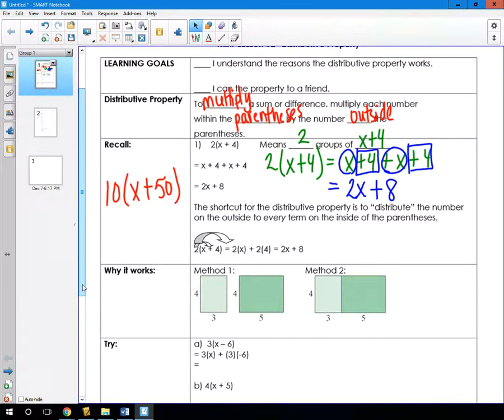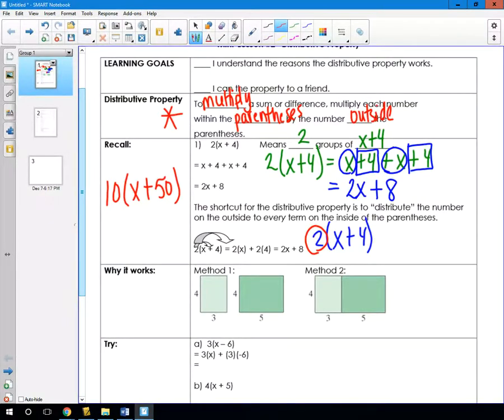Okay, so a more efficient shortcut for the distributive property is we're going to come back up to our example of 2 times the quantity x plus 4. And we're going to consider another way to do it instead of writing out 2 groups of x plus 4. In order to do that, just like we set up here, to multiply this sum or difference, we're going to multiply each number within the parentheses by the number on the outside.